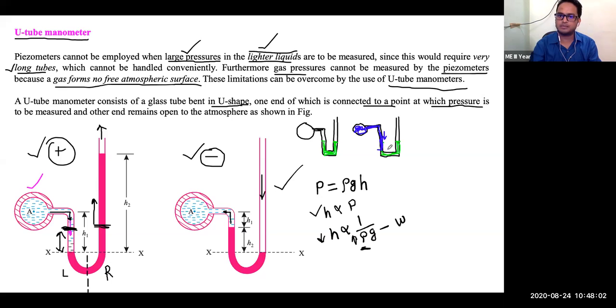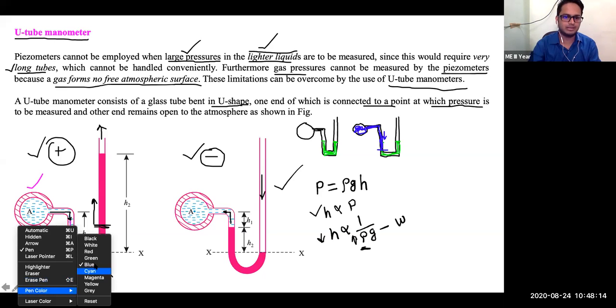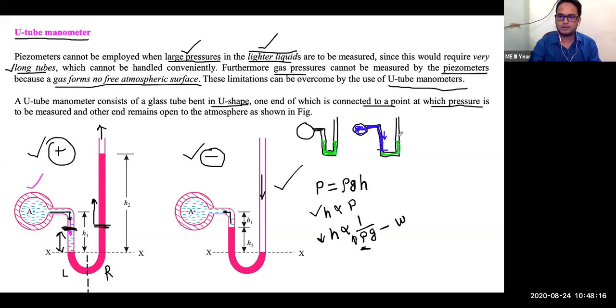Now the water is up to this level. If it is pushing that mercury from this side, then it will move to the other side, so the green color on this side will increase. Earlier it was up to here, so this much level is dropped on the left hand side, and the same level will increase on your right hand side.